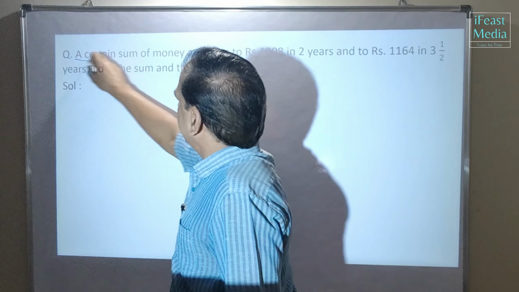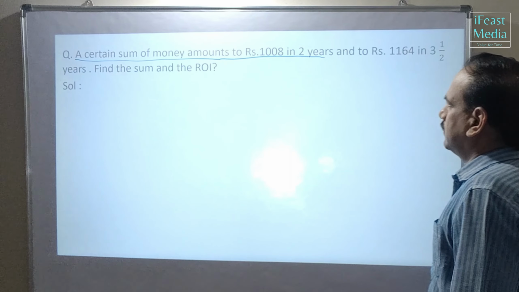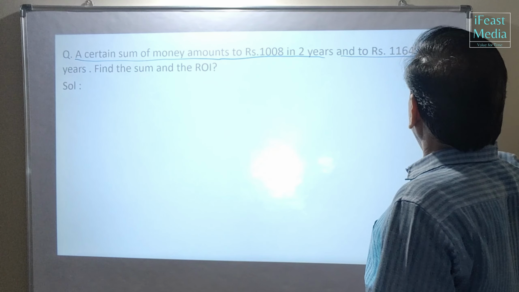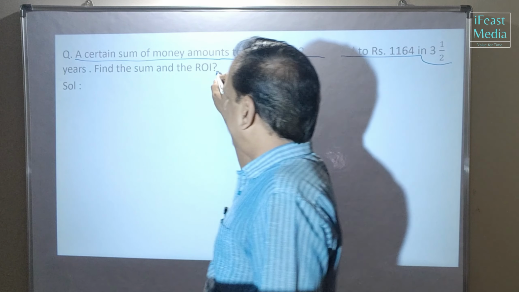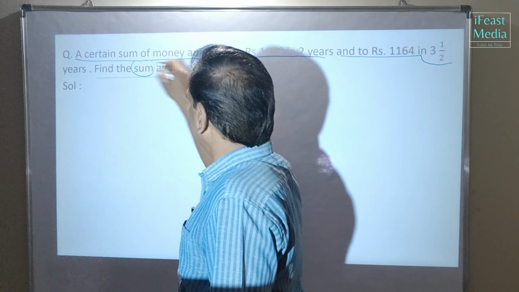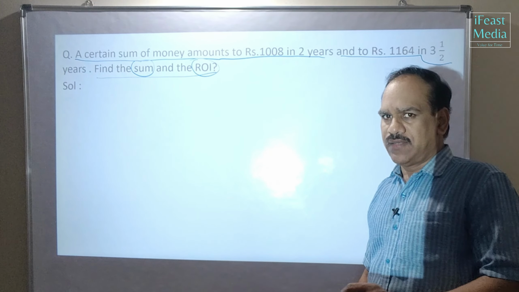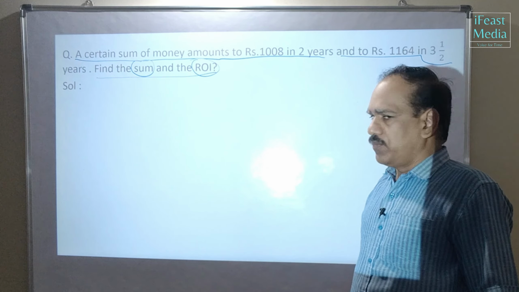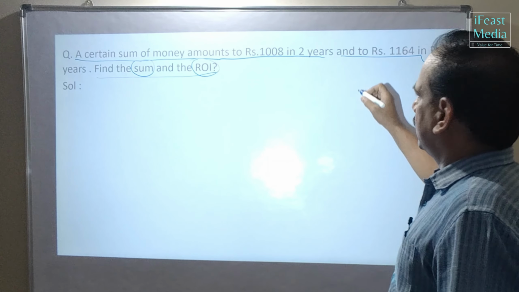Now a certain money amounts to 1008 in 2 years and to 1164 in 3.5 years. Find the sum and rate of interest. Here the sum, principal and rate of interest, P and R, both are unknowns. So what is given here?